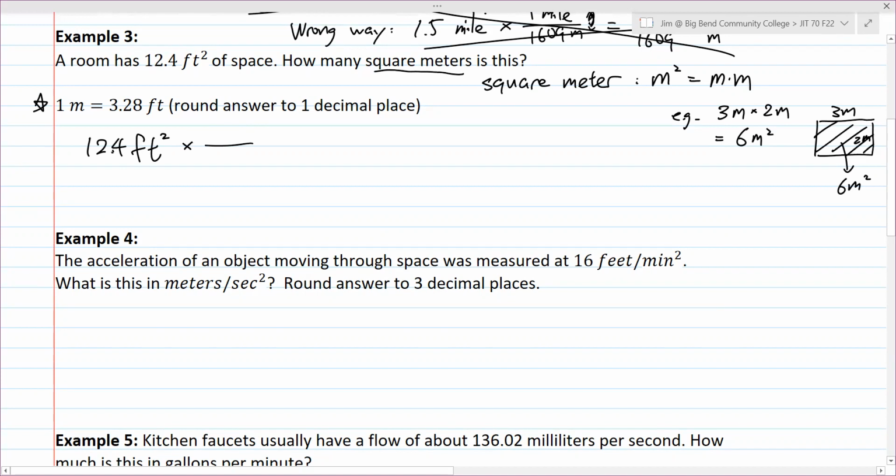So let me show you. We have, what do we have? We have 1 meter equals 3.28. And then you may go, hey, professor, then we can place 3.28 feet on the denominator and 1 meter above, and cancel the units and problem solved, right?